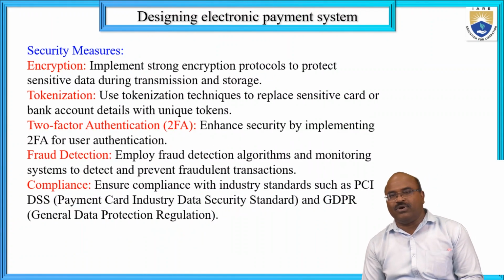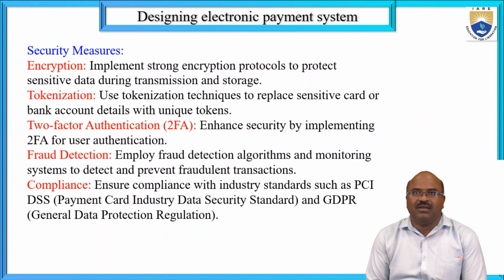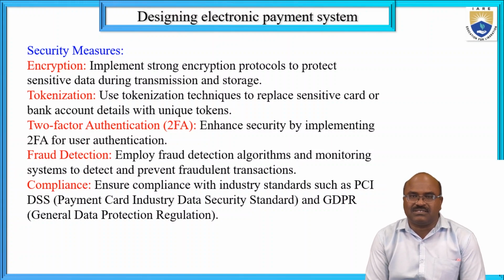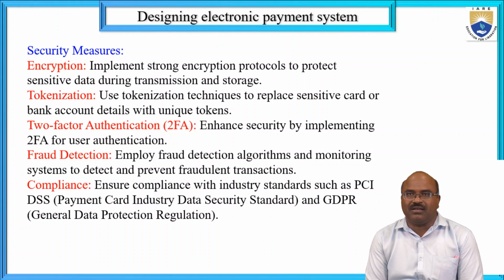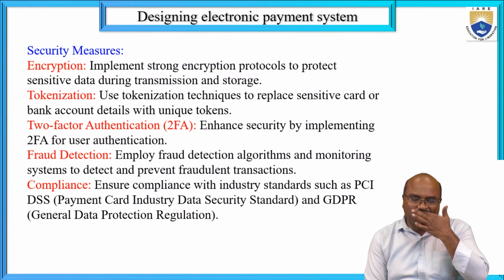The second important point in designing an electronic payment system is security measures. Security means you can protect the data. Authentication and authorization are called security. Security is one of the important things: whether the information is secure or not.